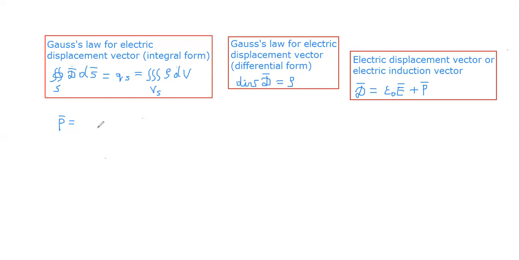The connection is P is equal to kappa, where kappa is electric susceptibility. In case of isotropic media, kappa is a simple number.